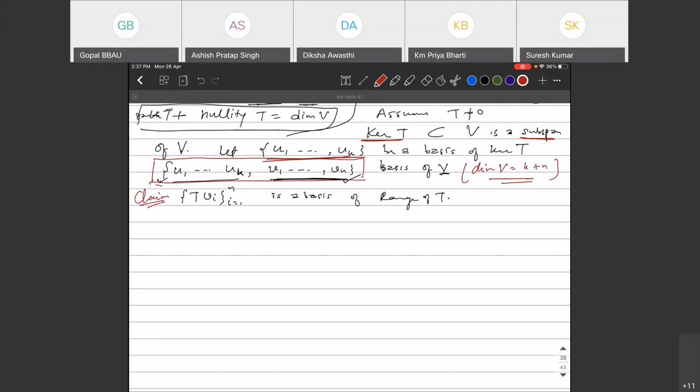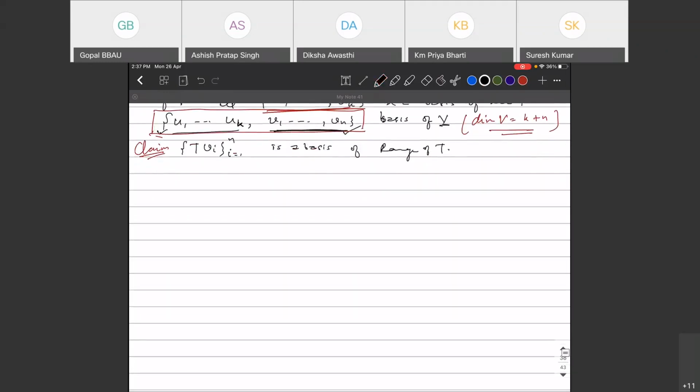We will prove this is the basis of the range of T, and proving a basis is very easy. So first prove that this is linearly independent. How do you do that? Linearly independent means take the sum of alpha I T V I equal to 0. Take this linear combination, make it 0.